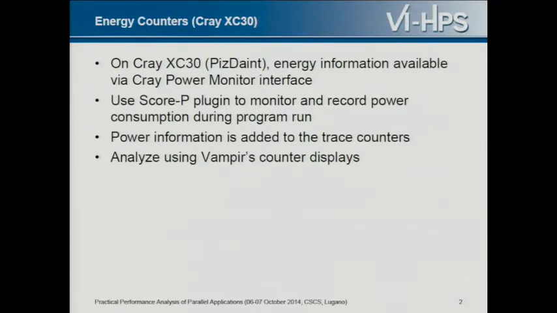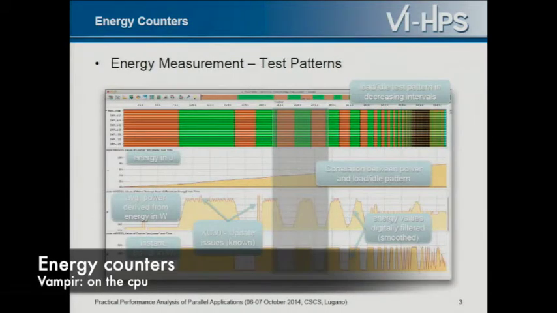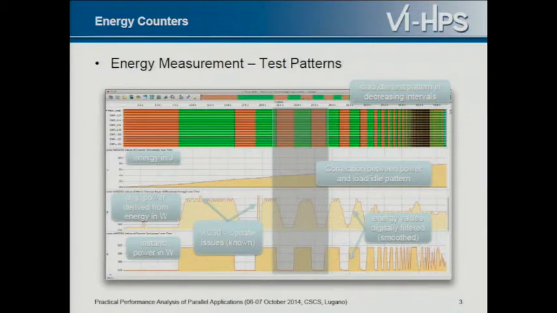As I said, the power information is added to the trace counters and can then be analyzed using Vampir's counter display or performance radar, as with any other performance metric. This is a test application, and I got the slides from a colleague of mine. What this test application is doing is just generating some workloads where there's green, and it's idle when there's brown. It has been used on a Cray to see how accurate the information is and what problems there are.